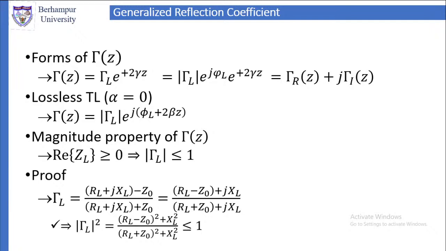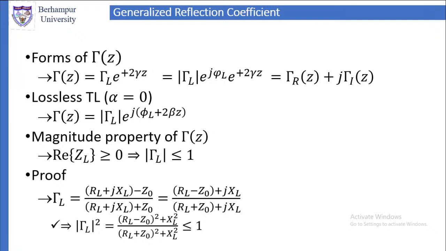Since alpha is equal to 0 in a lossless transmission line, we can write now gamma Z is equal to absolute gamma L into exponential j phi L into exponential 2 j beta Z. Now take j common. If we take j common, then this becomes absolute of gamma L exponential j into (phi L plus 2 beta Z).